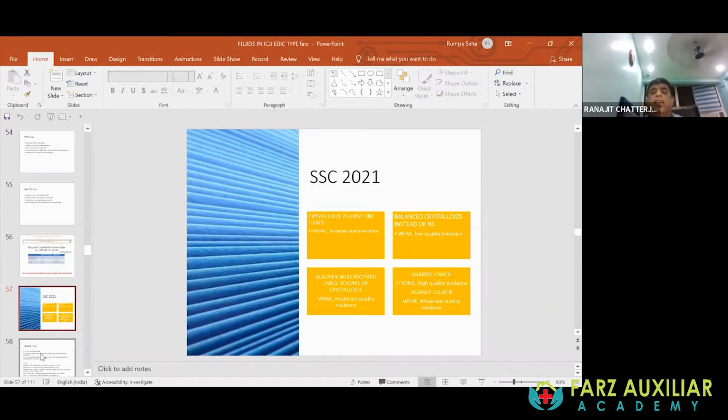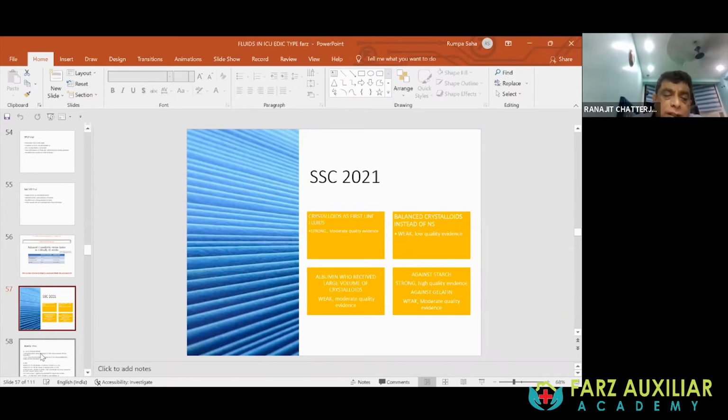This was a significant shift from the 2016 guideline. And albumin can be used for those who are using large volumes of crystalloids. This was there in 2016. There is strong, high quality evidence against starch, and against gelatin it was weak, moderate quality evidence. So this happened in 2021, but your question will not be beyond 2021.